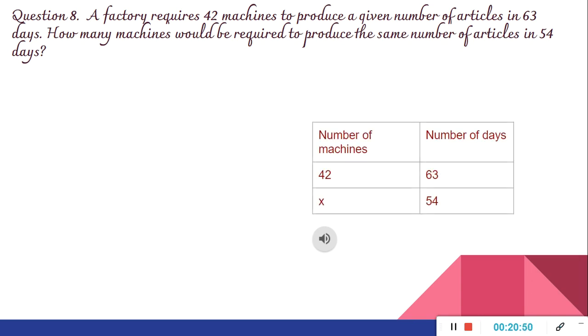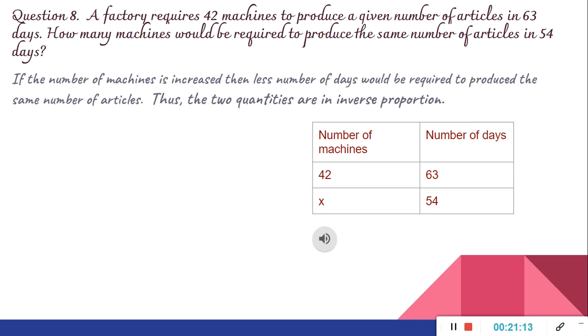Here the number of machines is 42 and the number of days is 63. If 54 days are there, then how many machines are required? That is the question. Okay. So we can see that the number of days is decreasing, so the number of machines will increase. So that is why it is inverse proportion.